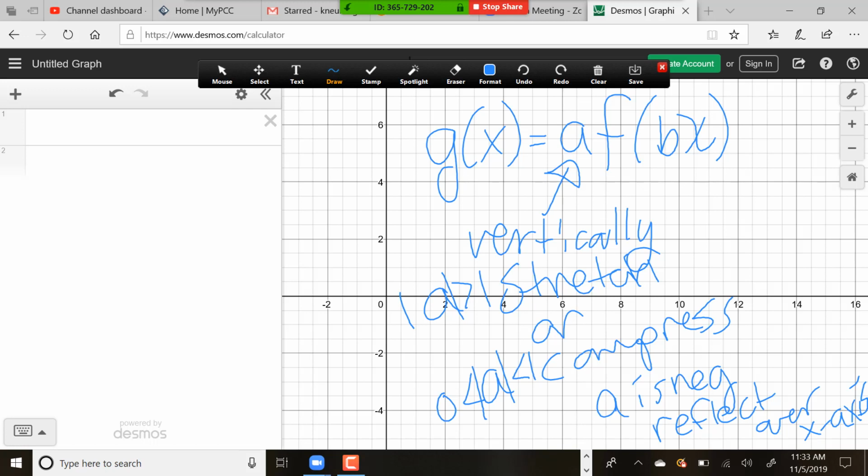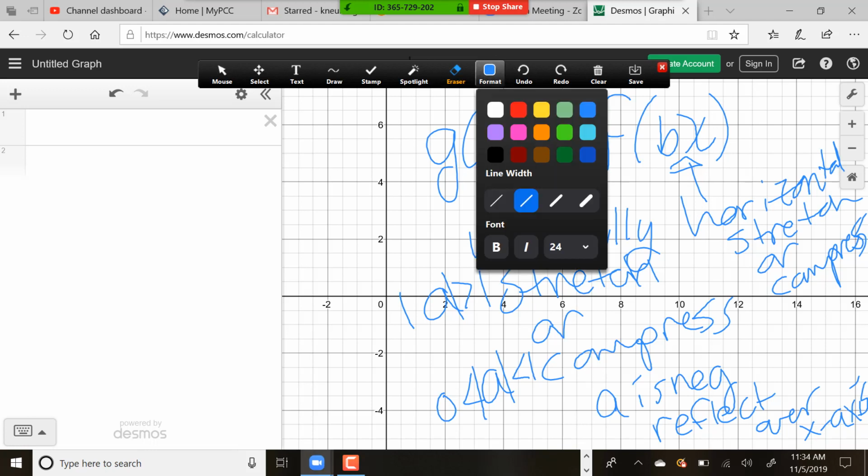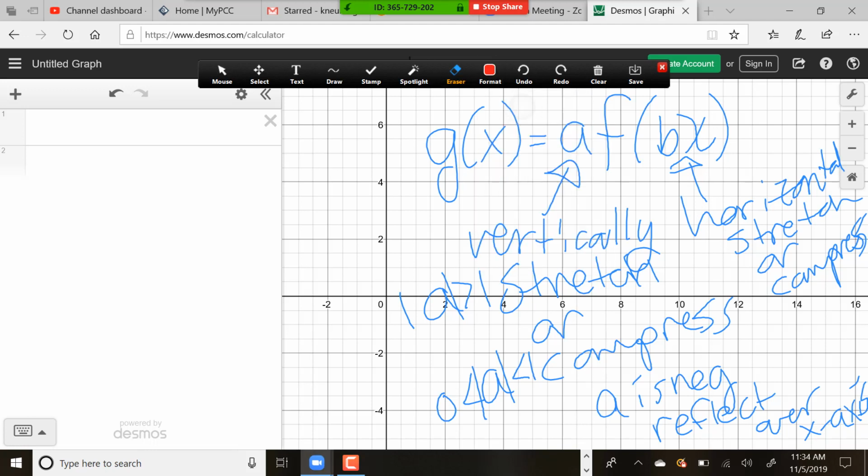Now your b is different. The b is a horizontal stretch or compress. Actually I'm going to change colors so we can see a little bit better because it's going to kind of overlap. We'll do red.